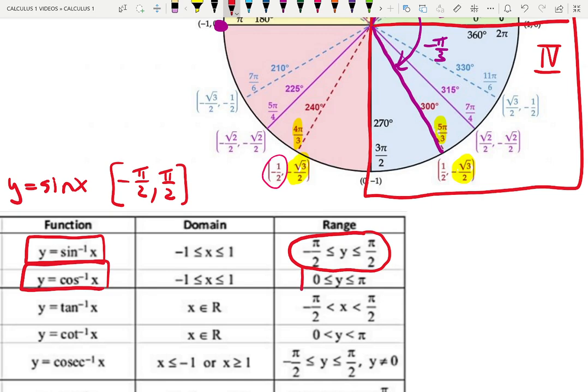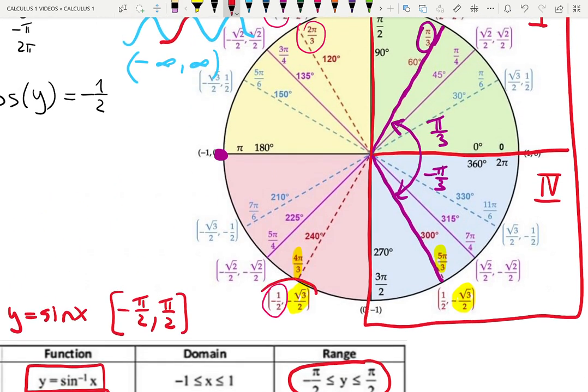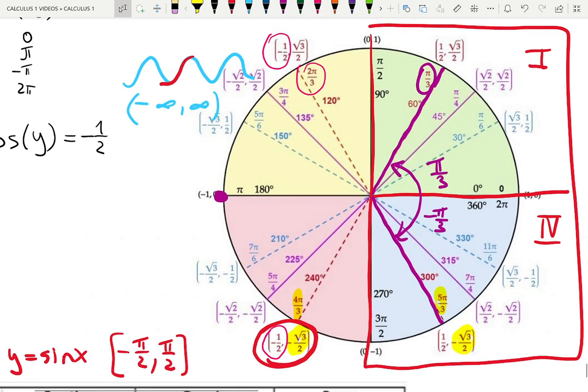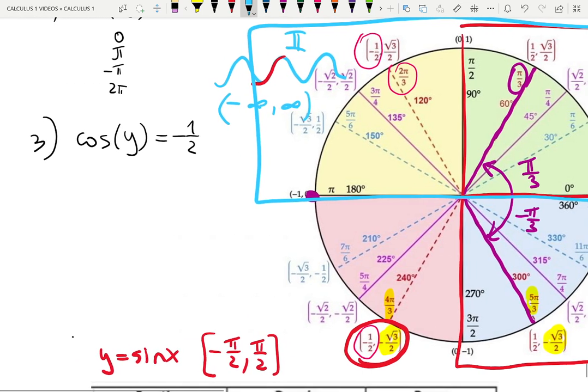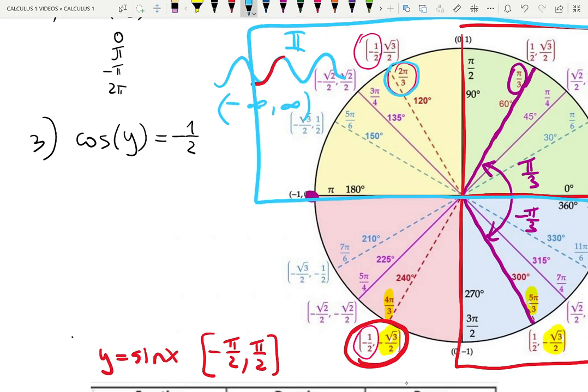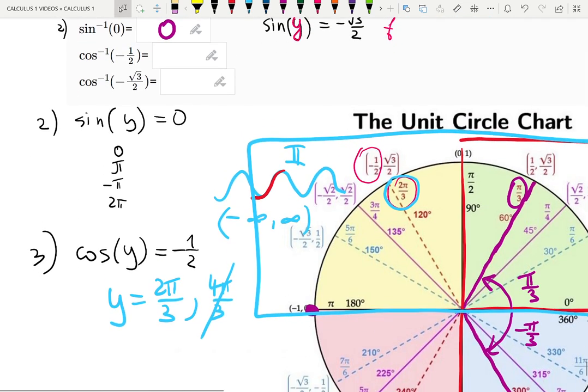The range will be from 0 to pi. That means we cannot go to this point, which is 4 pi over 3. From 0 to pi means we are talking about first and second quadrant. The answer is 2 pi over 3, and not 4 pi over 3. Let's put it here. 2 pi over 3.